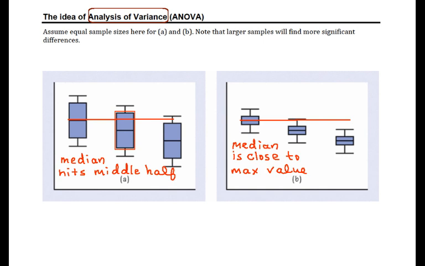So in this second picture in B, we would say that we think these means are different from one another. So we would say here we have in B stronger evidence of a difference in means.